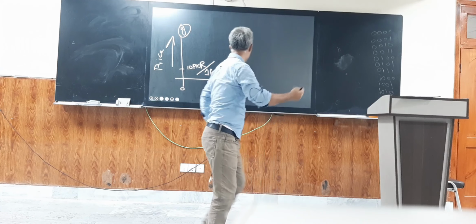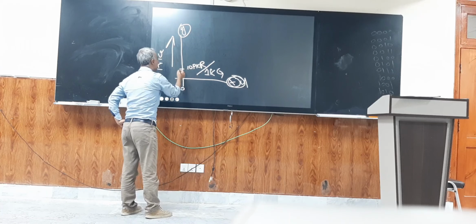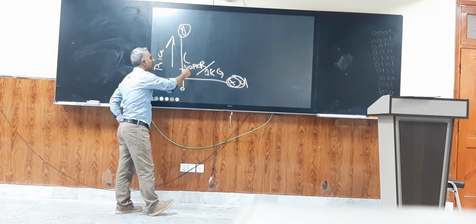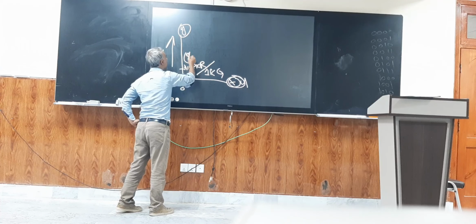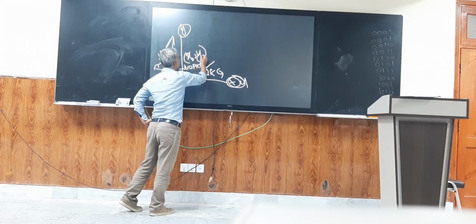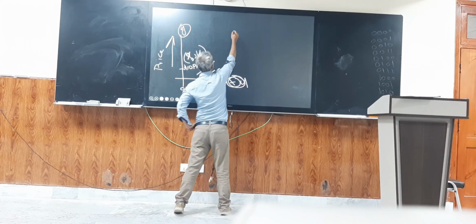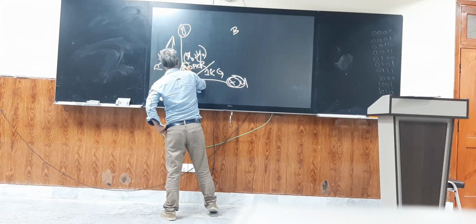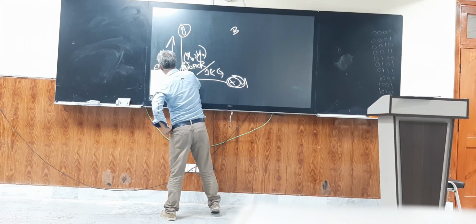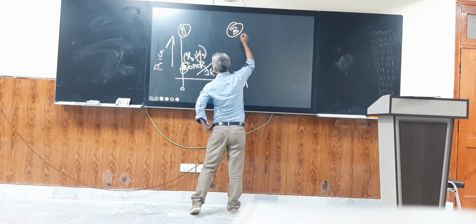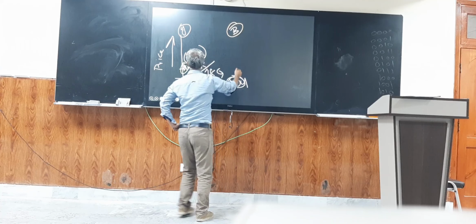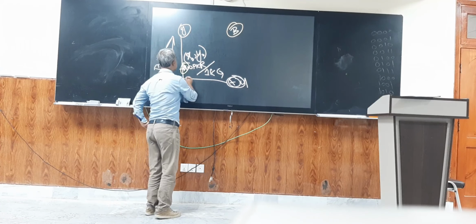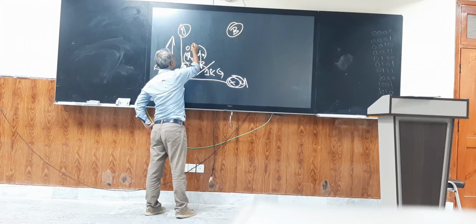So this 10 rupee is the point A, at some point XY, and at some other point B. After covering some distance, this is 0, 10.